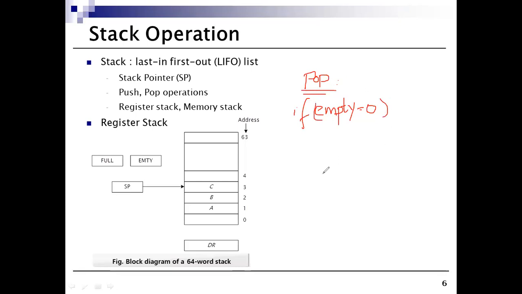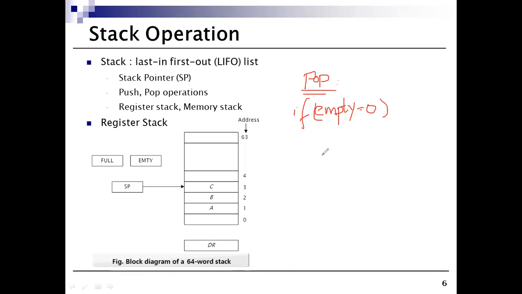How is the pop operation performed? It is exactly the reverse of the push operation. What are the two micro operations for push? First the stack pointer is incremented and then it copies. So the pop operation should be in a reverse manner. First, the top of stack contents have to be transferred to the data register and then the stack pointer is decremented by 1.